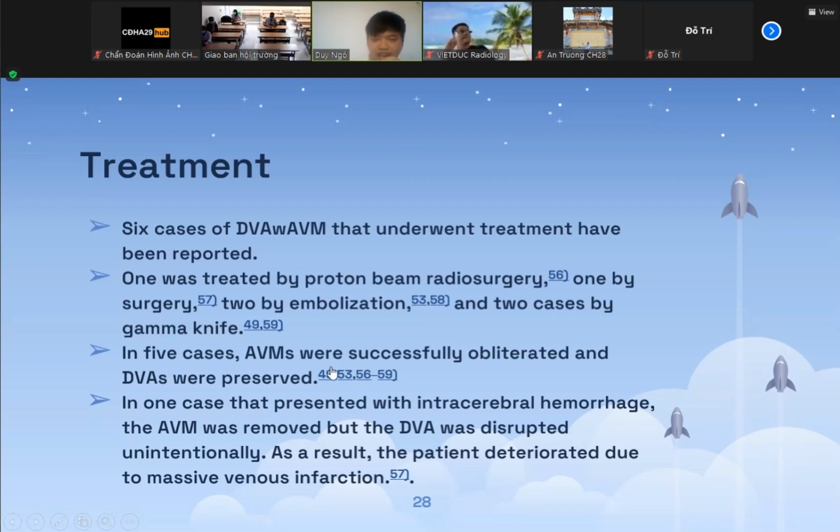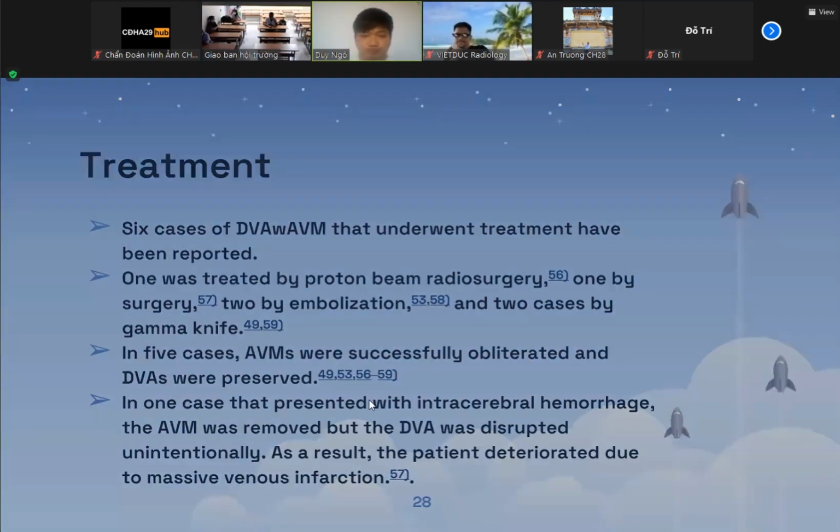In 5 cases, the AVM was successfully obliterated and the DVAs were preserved. But in one case that presented with intracerebral hemorrhage, the AVM was removed, but the DVA was disrupted unintentionally. As a result, the patient deteriorated due to massive venous infarction.